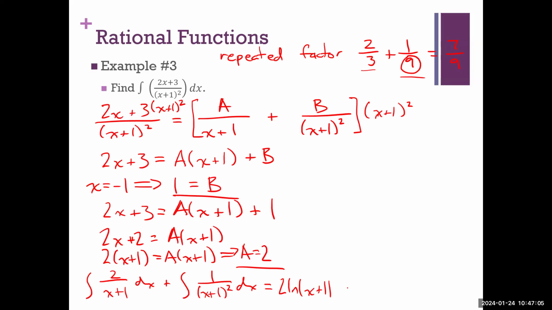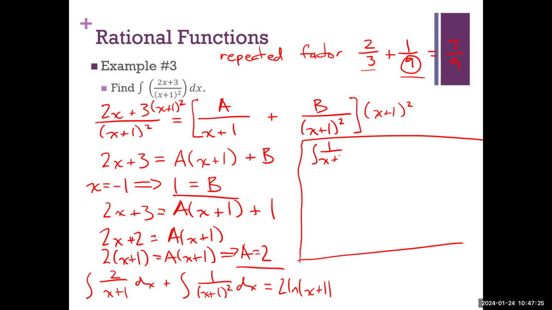How about 1 over x plus 1 squared? That one's a little trickier. How can we handle that? Maybe I should make a little scratch work over here. Can you do u-sub? I can do u-sub. What's a good u? X plus 1. If u equals x plus 1, then what is du? Dx. So this becomes 1 over u squared times du, right?